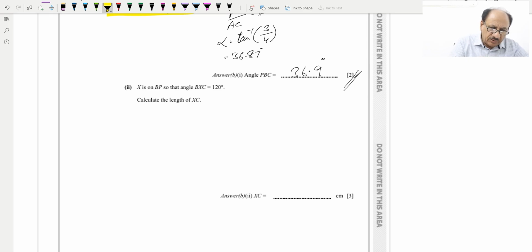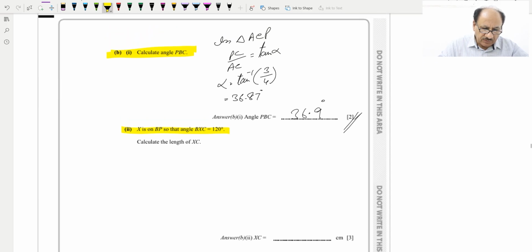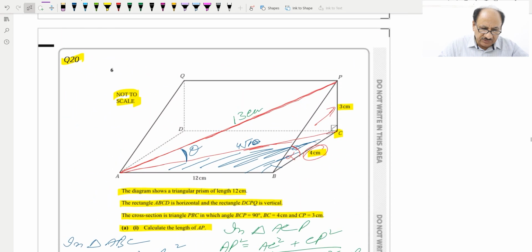Okay, so second part: X is on BP, so that angle BXC is 120.